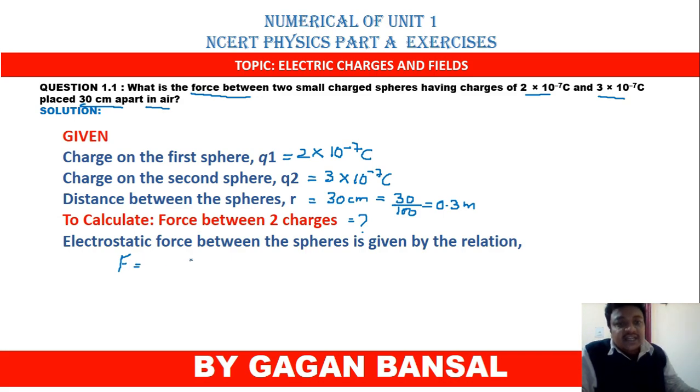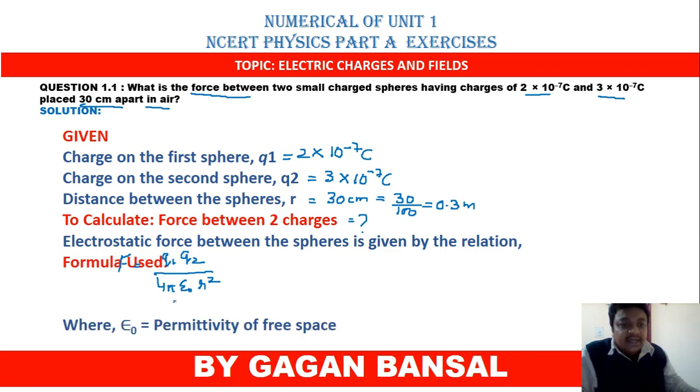So the electrostatic force between the spheres is given by the formula F is equals to Q1 Q2 upon 4 pi epsilon naught r square, where Q1 is the charge on the first sphere, Q2 is the charge on the second sphere, 4 pi is a constant, and epsilon naught is the permittivity of free space.